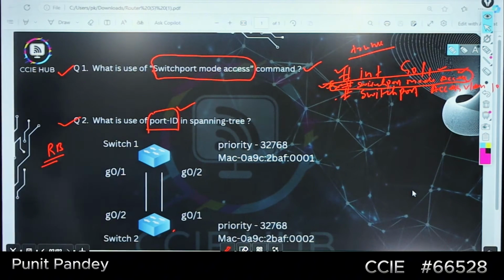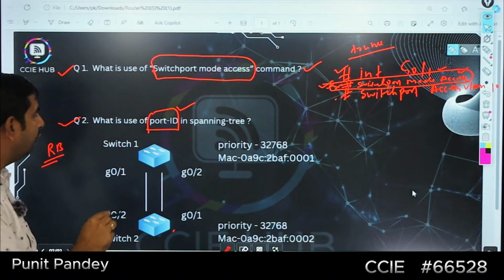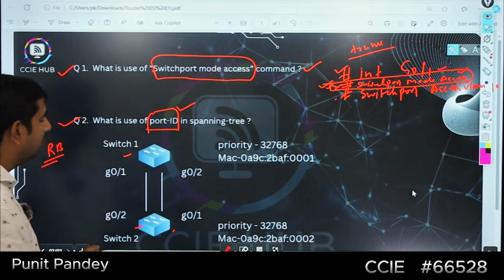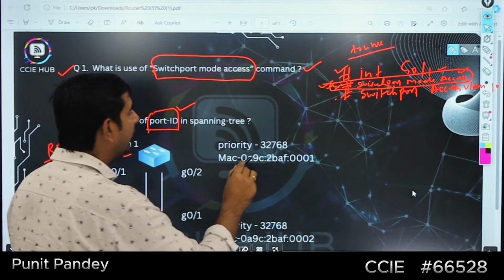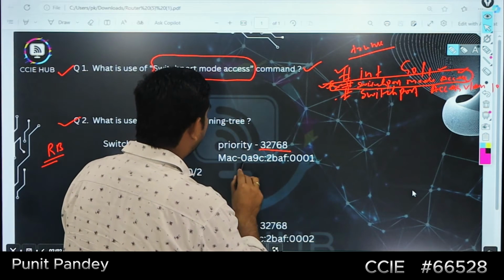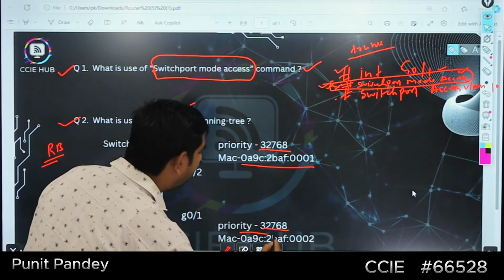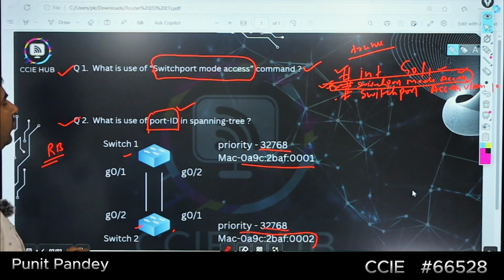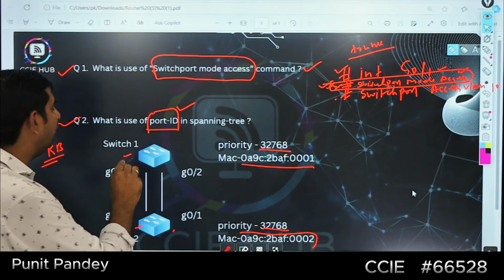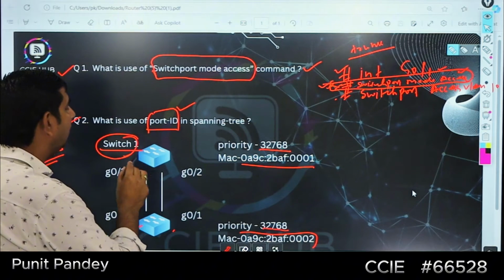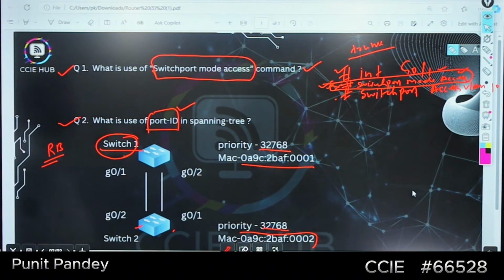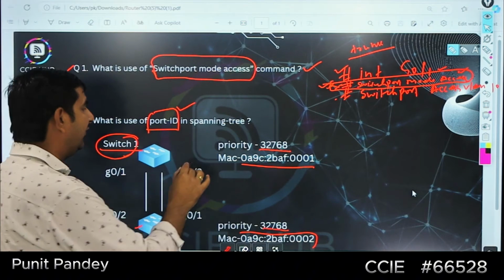So we have a scenario where we have two switches, switch 1 and switch 2. Switch 1 has a priority of 32768 and this MAC address. Switch 2 has this priority and this MAC address. In this case, which switch is going to become the root bridge? Switch 1 will become the root bridge because of the lowest bridge ID. Bridge ID means the lowest MAC address here.